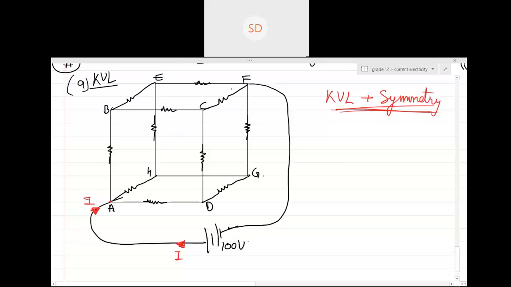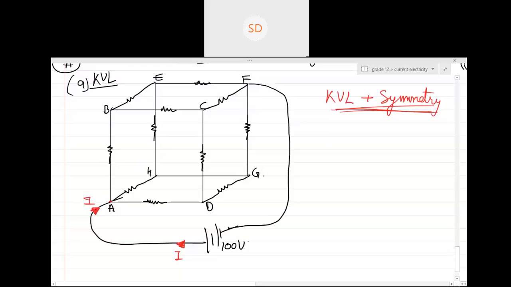No. The minimum I need to do is at least pass through 3 resistances, right? So for example, I can go from AD, DG, GF. I can go from AD, DC, CF. I can go from AH, HG, GF. I can go from AH, HE and EF.